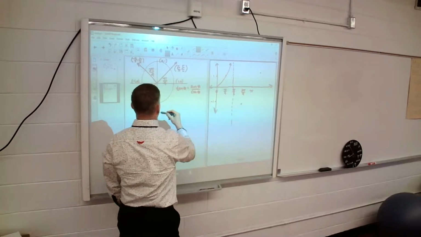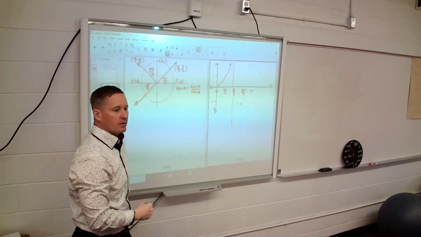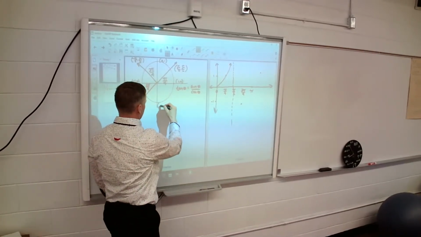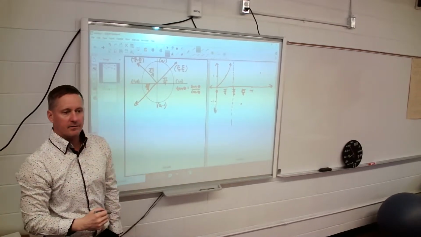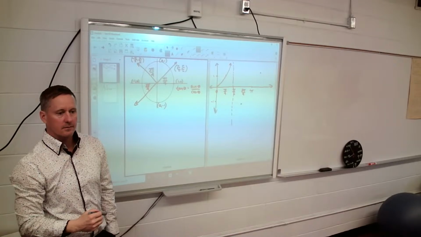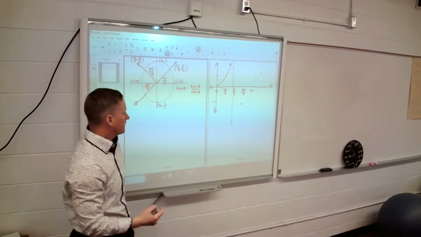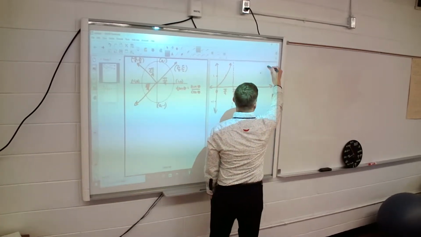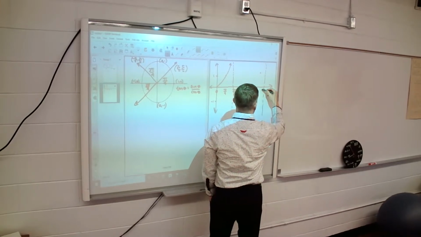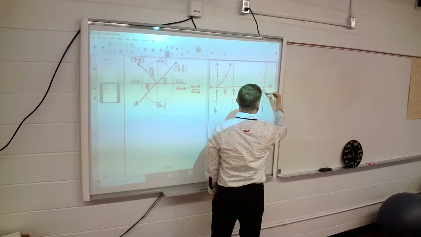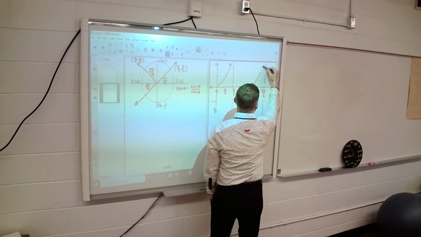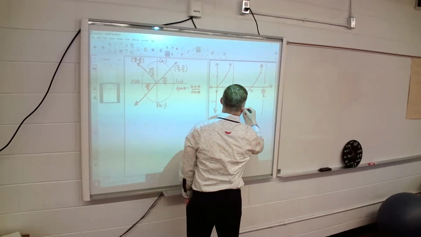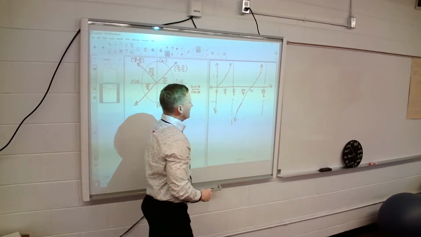And if I go to 3 pi over 2, what's the value of the tan graph? Undefined. There's your tan graph.